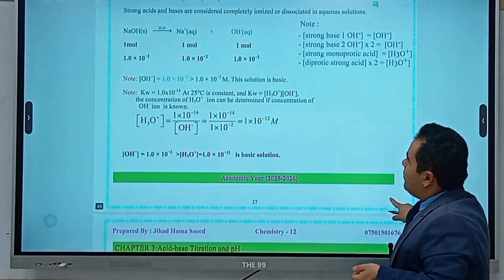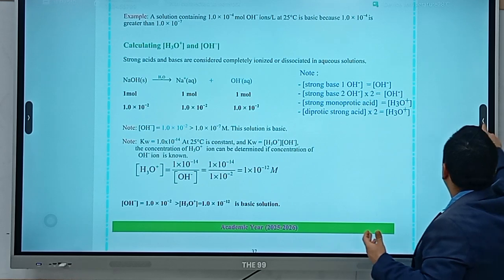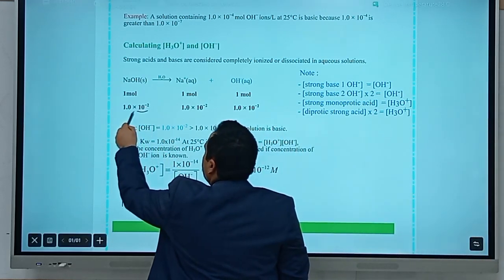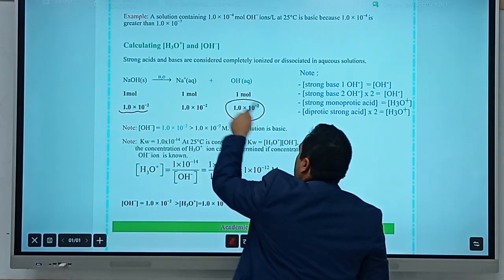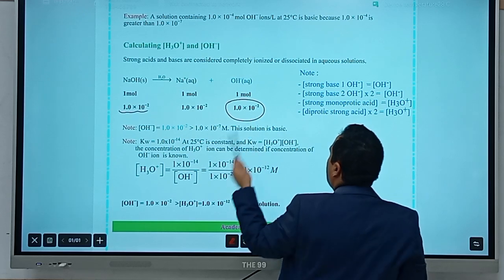Guys, in order to convert, for example, here we have got NaOH. NaOH 1 × 10^-2 is given. So directly we will get 1 × 10^-2 of hydroxide. How to convert this into hydronium?